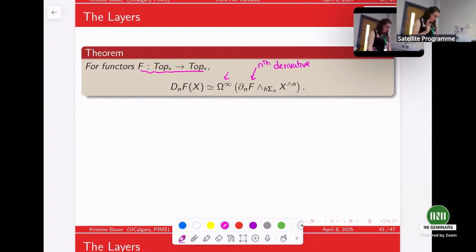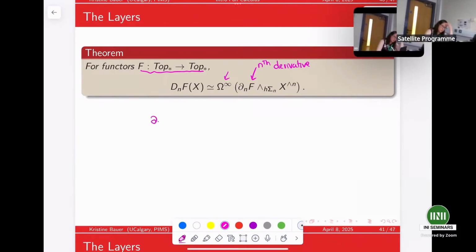The omega is there because DNF is in general a spectrum and spaces aren't, so we have to fix it. It has to have an action of the nth symmetric group, and I act on x^n by permuting the n different copies of x. So what is this supposed to evoke?